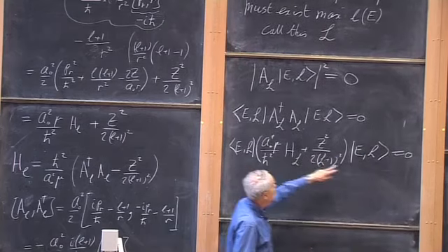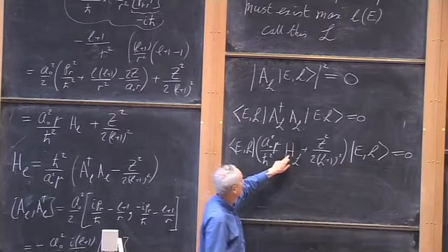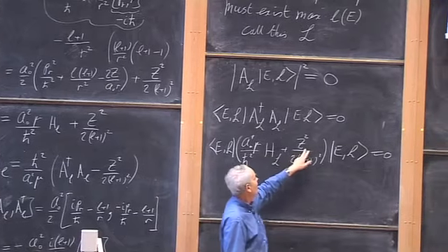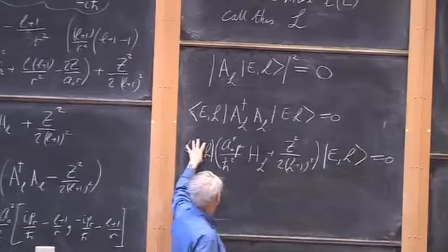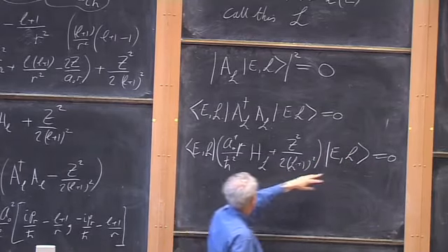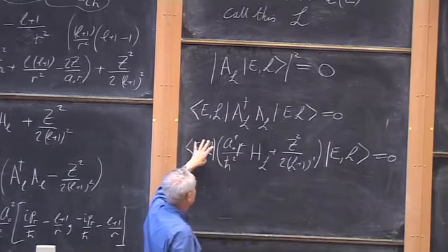But this is an eigenfunction of this operator with eigenvalue E. This is a boring number, so it stands by whilst this bangs into that and makes a 1. This gives me E times this, and this is left over, and it bangs into this and makes a 1.